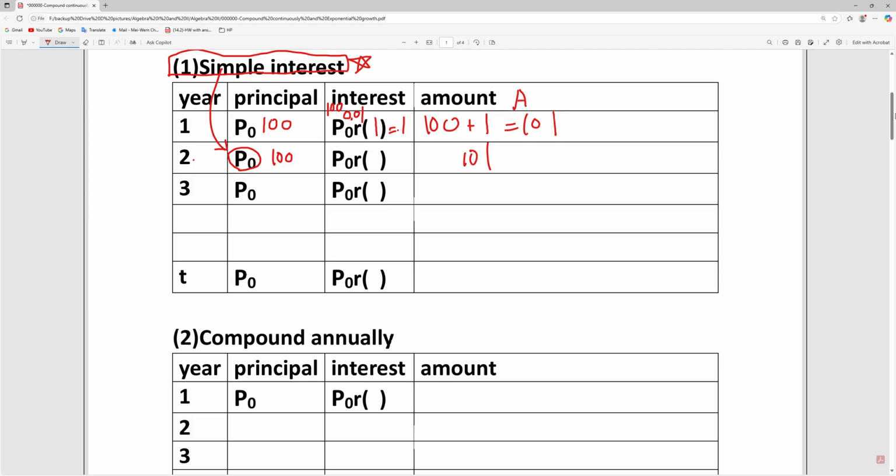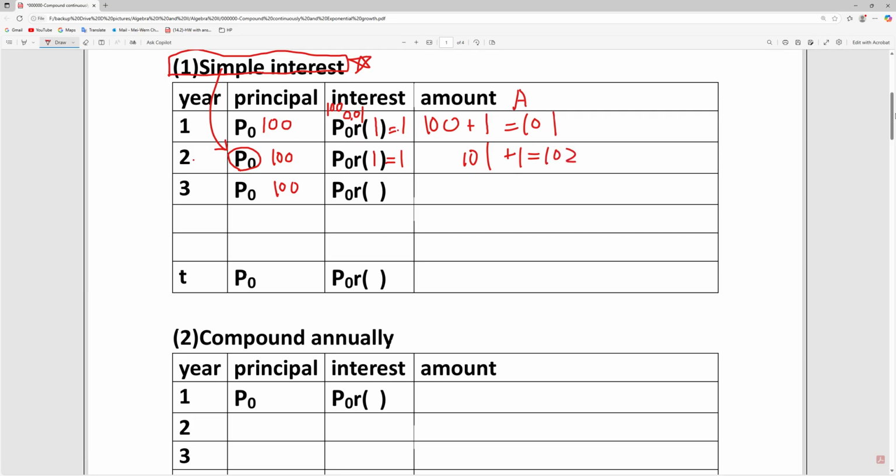They use initial amount $100, no matter how much amount you already have in the bank. So use the same formula and the same rate. You put another 1 year, so you earn another $1 interest. So you plus 1 again, so you have 102.